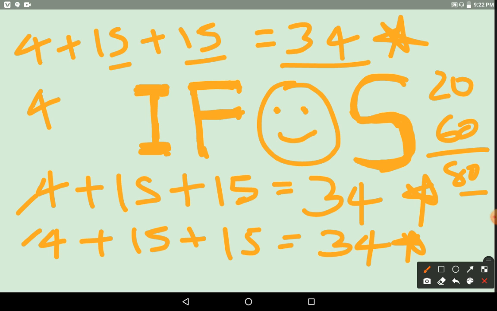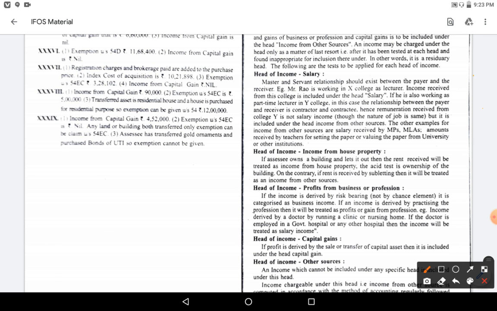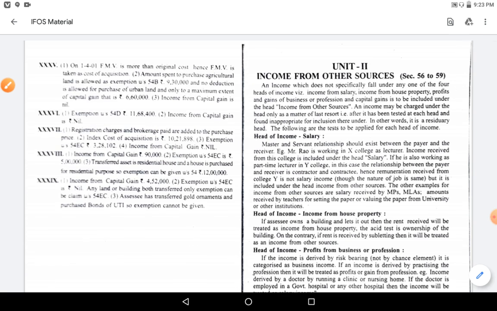Okay, I don't want to waste any more time, so let us start. We are in the chapter called income from other sources. First, what is income from other sources? It means any income which does not specifically fall under any of the four heads of income.